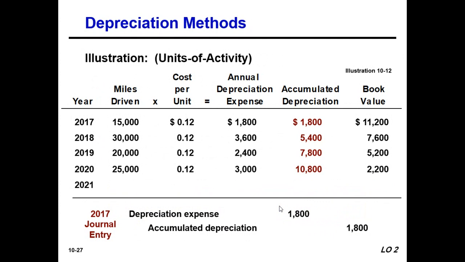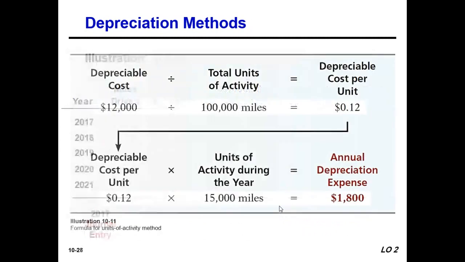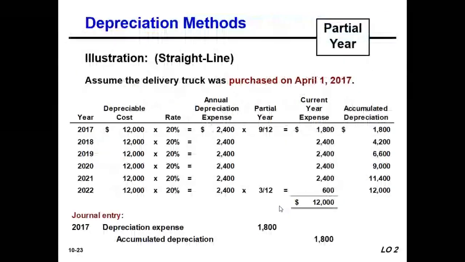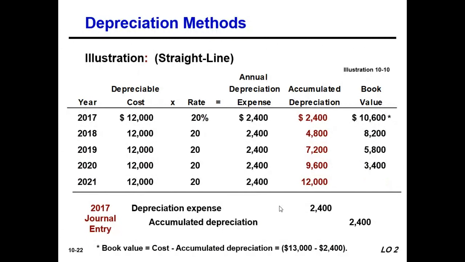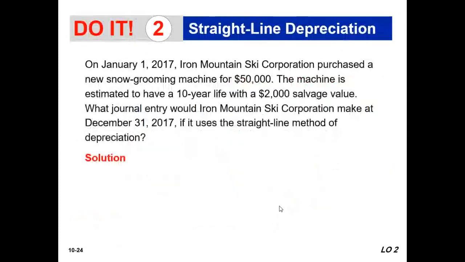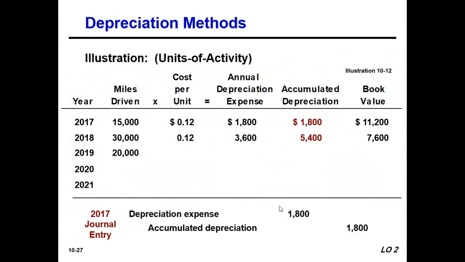If you look at the straight line method like in the previous slide, the annual depreciation of 2,400 is the same. Understand the difference between the three methods. In the first method, annual depreciation every year is the same. In unit of activity method, like in this slide, it is not the same. It is changing. It varies.